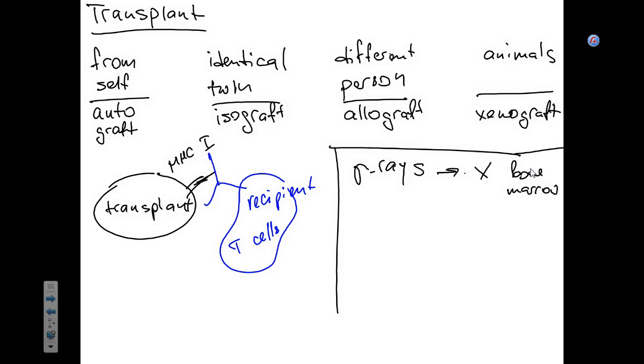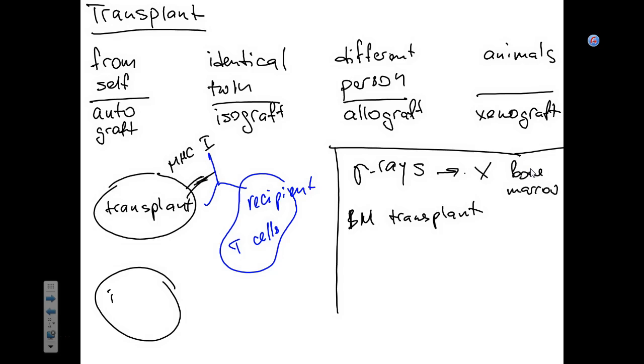You have to give the person a new bone marrow, right? So we're talking about bone marrow transplant. Okay? We're good? Now bone marrow will start to produce what? Blood cells, red blood cells, right? Platelets, white blood cells. One of those white blood cells will be a T cell.